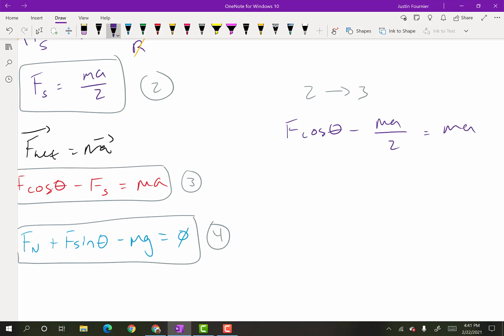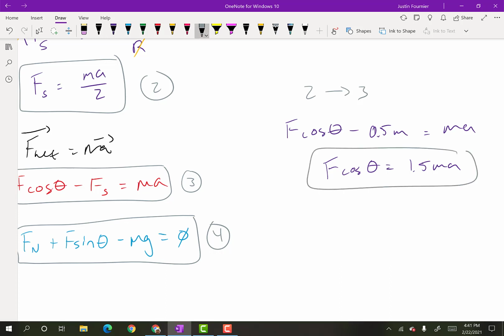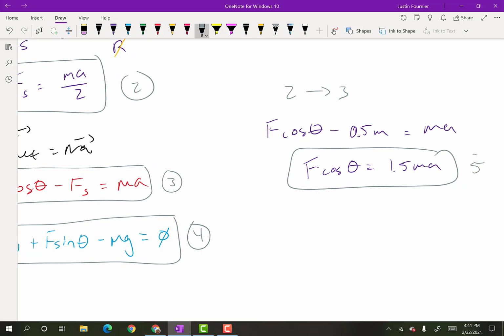So this is basically saying 0.5 ma. That leaves me with F cosine theta equals 1.5 ma, I think. Yeah. All right, that's nice. So here's relationship 5.